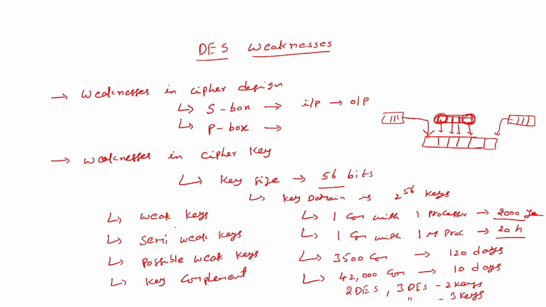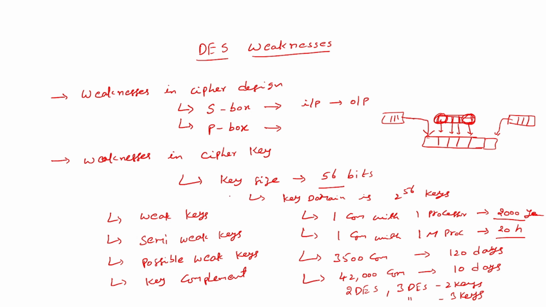So these are the different types of weaknesses in a cipher key: key size, weak keys, semi weak keys, possible weak keys, and key complement. Okay, so let us see them one by one.